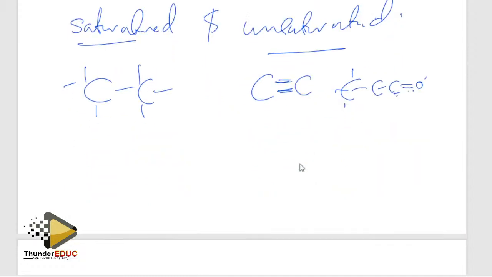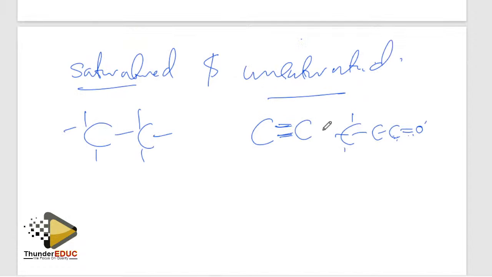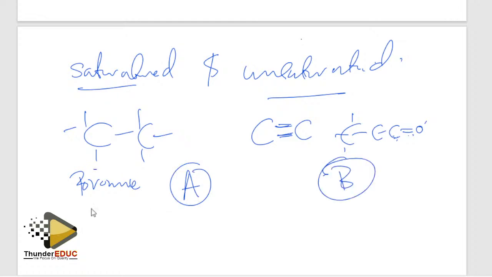Then, how do I differentiate between a saturated compound and an unsaturated compound? What they do is, they will bring bromine water, and then they say you have compound A and compound B. Compound A will decolorize bromine water.